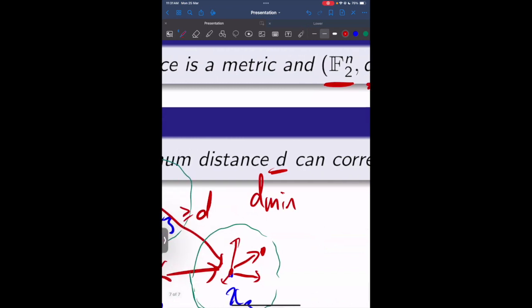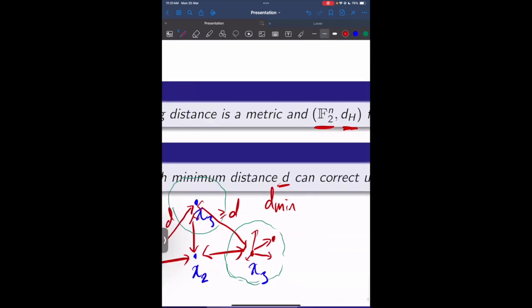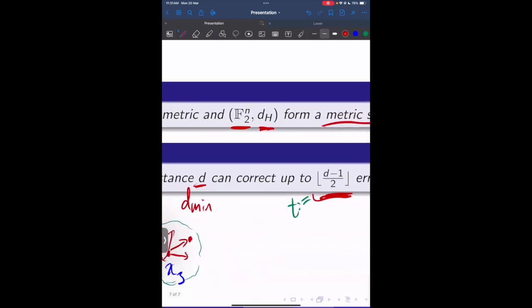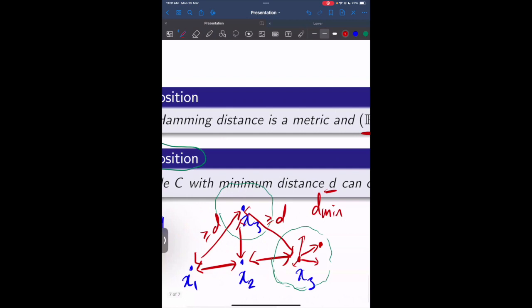Okay, it belongs to x3. Because I know I will definitely be in some ball, and because my t is chosen this way, all these balls don't overlap, I'll be in at most one ball of a valid codeword.